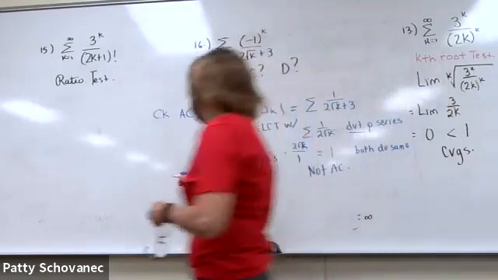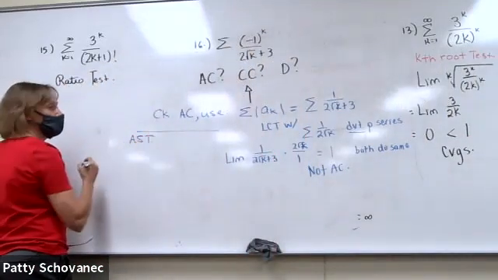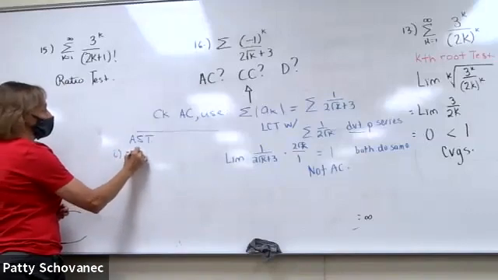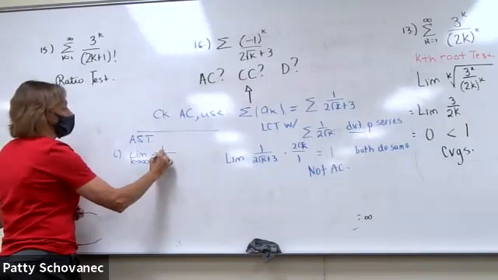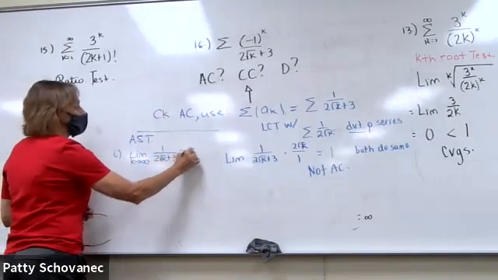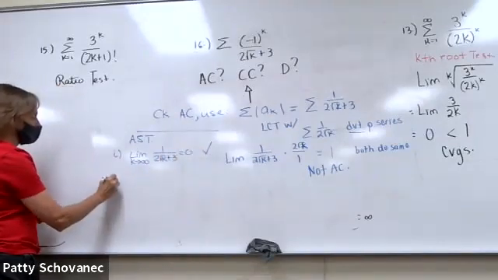It's not absolutely convergent. The next thing I do is the alternating series test. I show that the limit of the kth term goes to 0. And I show that it's decreasing.